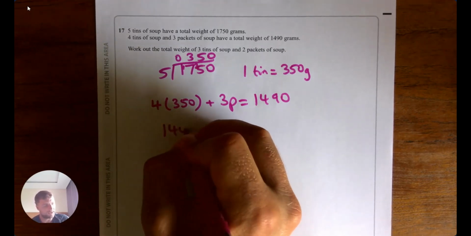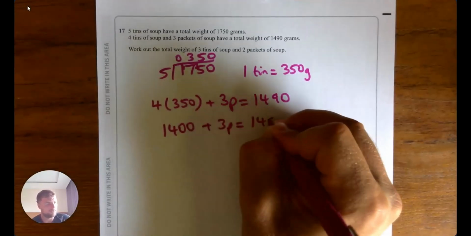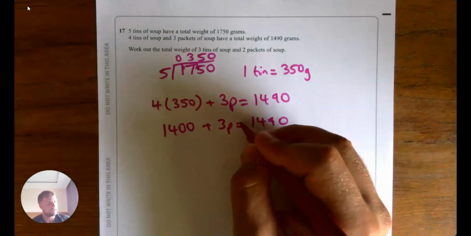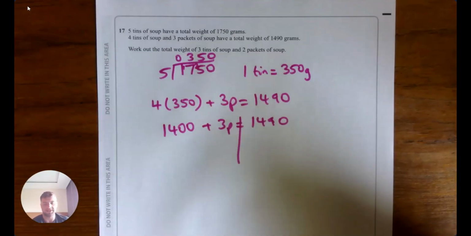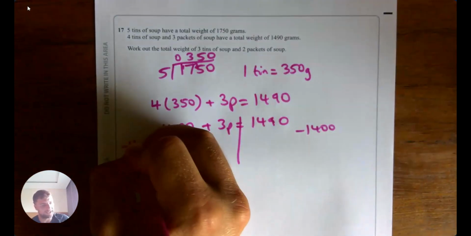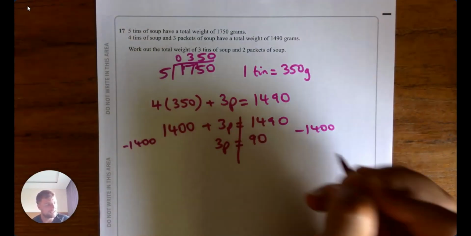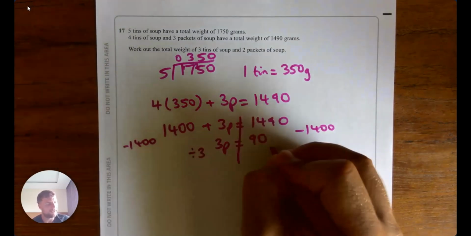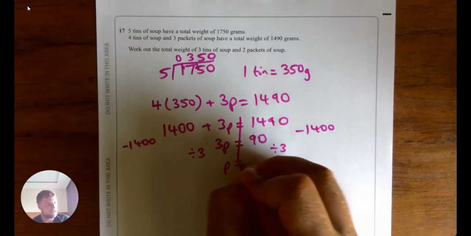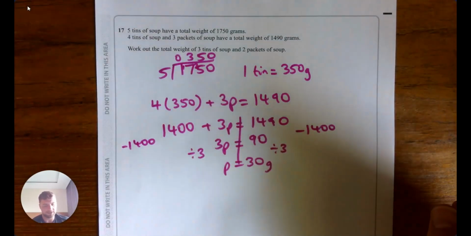So if you add them together, you get 1,400 plus 3p equals 1,490. Then put a line down the middle for our balancing of our equations. We're going to take away 1,400 from both sides because we're trying to get p by itself. So 3p equals 90. Then we're going to divide by 3. So p equals 30. So a packet is 30 grams.